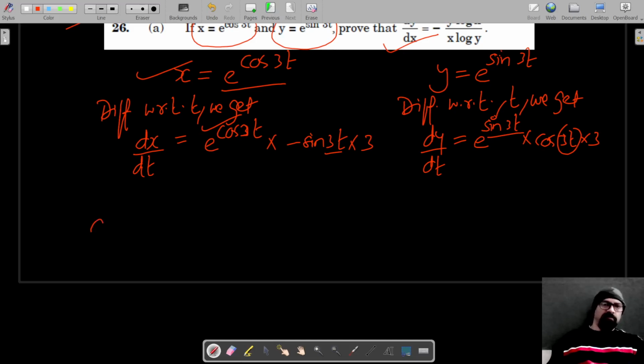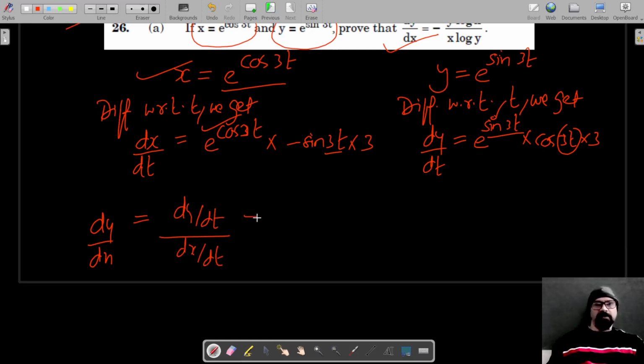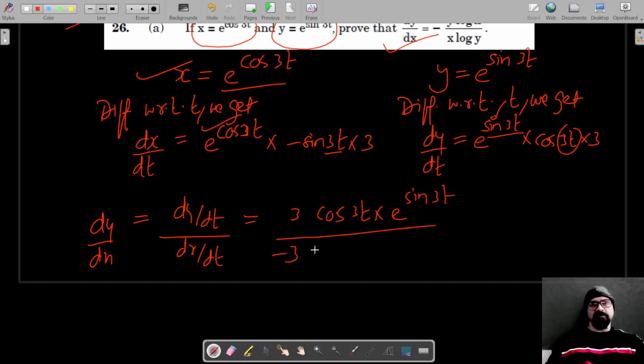Now we have to find dy by dx. So dy by dx can be written as dy by dt divided by dx by dt. So dy by dt is 3 cos 3t into e raised power sine of 3t divided by negative 3 sine 3t into e raised power cos of 3t.